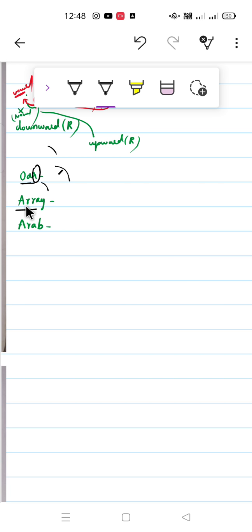Got it? Now next we have array. In array, the starting R, you see, the vowel is preceding to the initial R. So we need to use downward R. Now the question is whether we need to write above the line, on the line, or through the line. Here the first sounded vowel is A, a short vowel, first place vowel, light dot, so we need to write above the line.